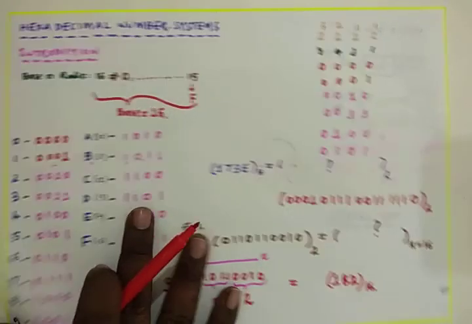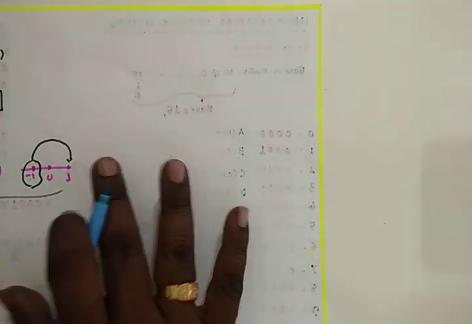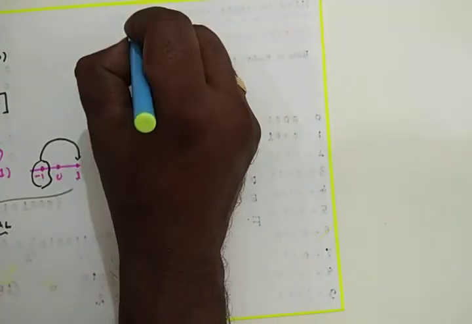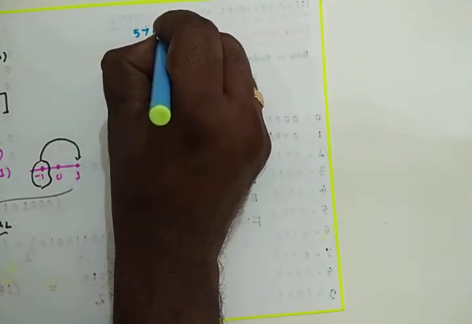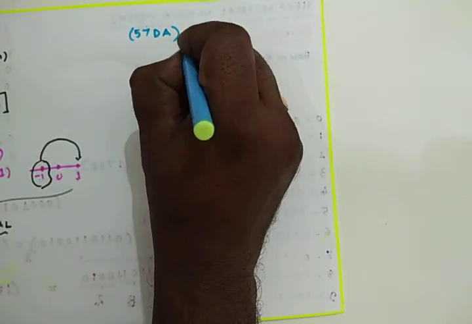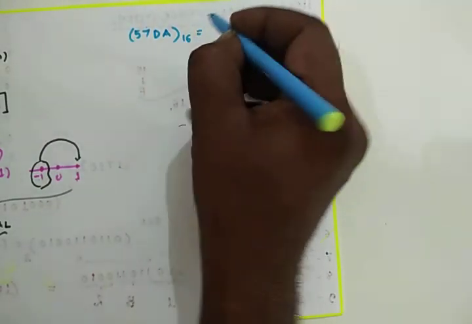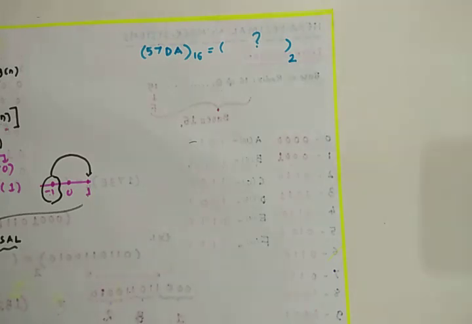Then hexadecimal to binary, which we have already discussed, but anyway I am going to solve it. I have a hexadecimal number; randomly I am taking 57DA, base 16. What is its equivalent binary number, whose base is 2?